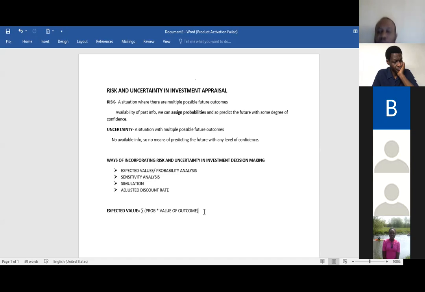Required. A, discuss the difference between risk and uncertainty in relation to investment appraisal. B, calculate the expected net present value of the investment project and comment on its financial acceptability and on the risks relating to variable cost. Then C, critically discuss how risks can be considered in the investment appraisal process.